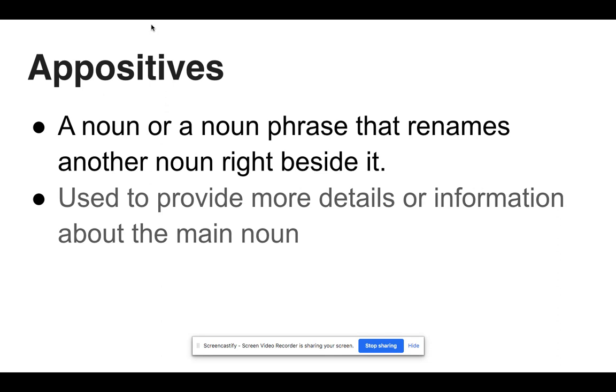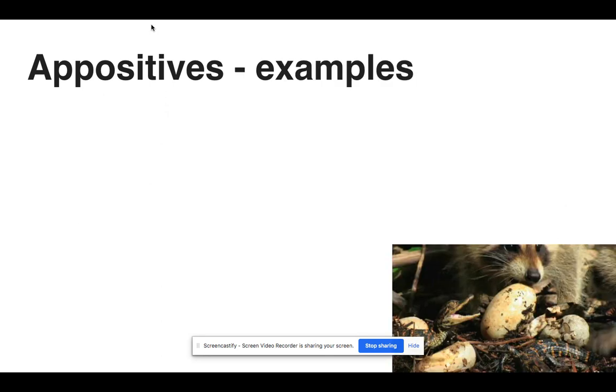Let's take a look at an example. Here's a simple sentence. The raccoon enjoys eating turtle eggs. Now this is a fine sentence, but there's not a whole lot of detail. If you wanted to provide a little bit more description about the raccoon, we could use an appositive.